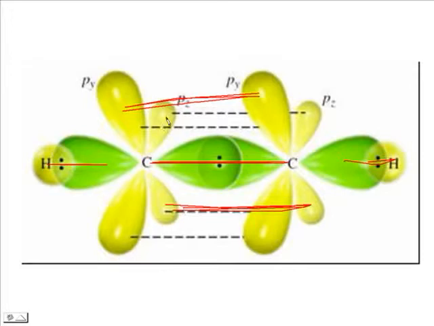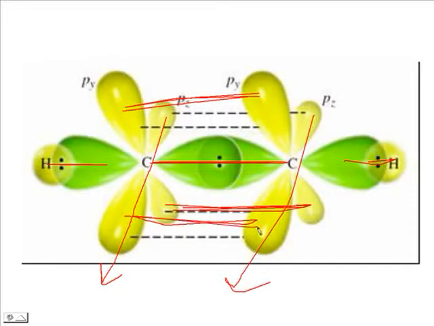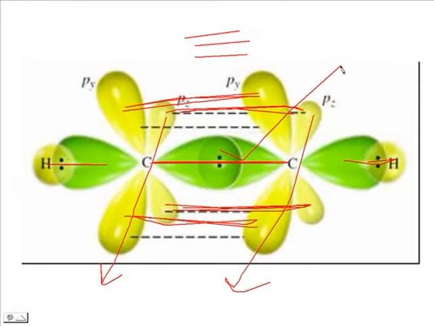And then you've got the pz's, the ones coming out of the screen right at you, in front and then back behind the computer screen where the other 2 go. So you actually have 2 pi bonds making up this triple bond. Whenever you have 2 atoms bonded by a triple bond, one of those is the sigma bond in between, and then you'll have 2 pi bonds for the triple part.